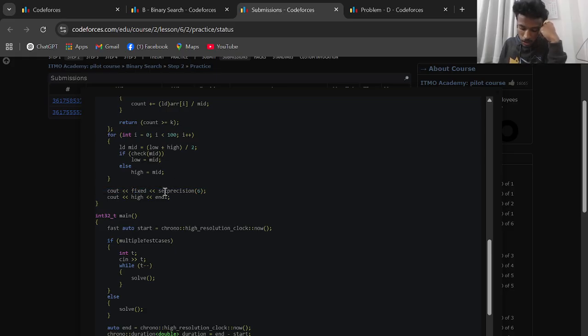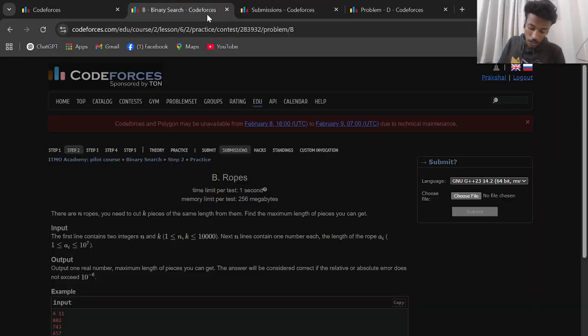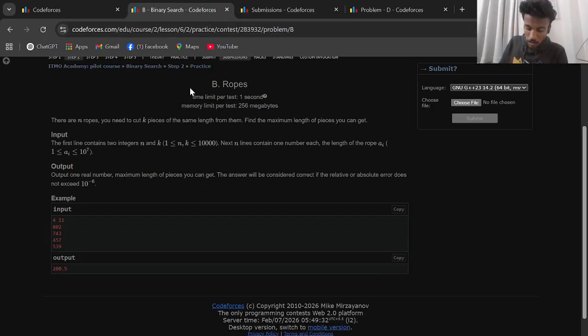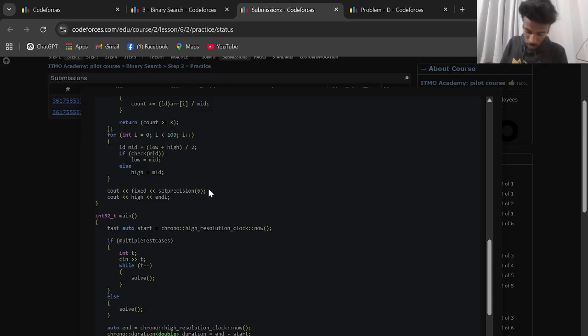This fixed keyword is important, and setprecision. In the method call, you simply give the number of decimal places that you need. Since here it was written 1e minus 6, I gave 6 precision.